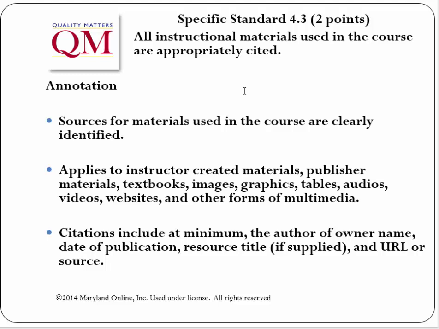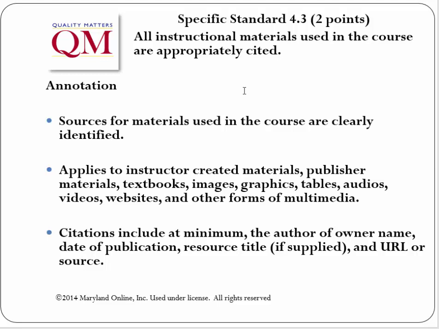4.3 tells us that all instructional materials used in the course are appropriately cited. And here they mean all materials in the course. So we're going to look at publisher materials, instructor-created materials. Again, if you have an article or something that you put up, they should cite to the professor.